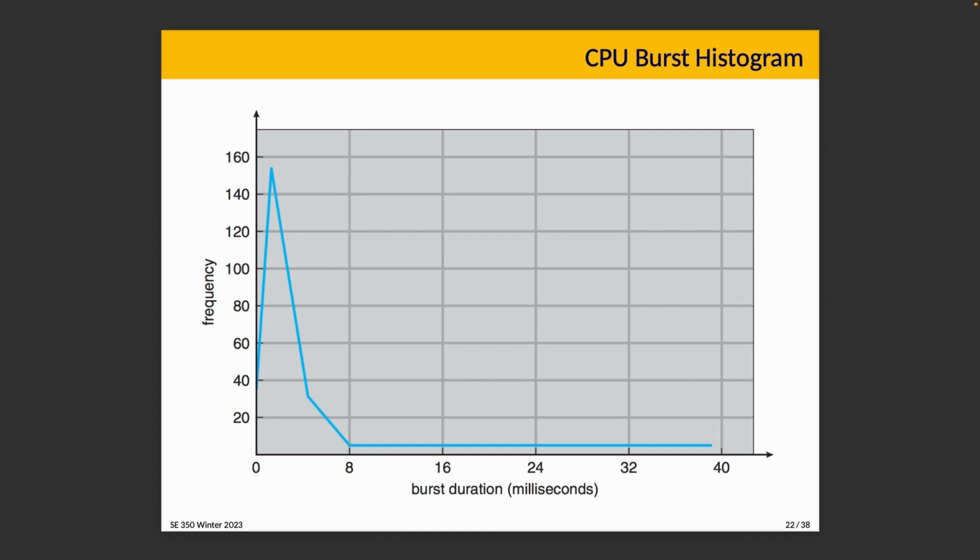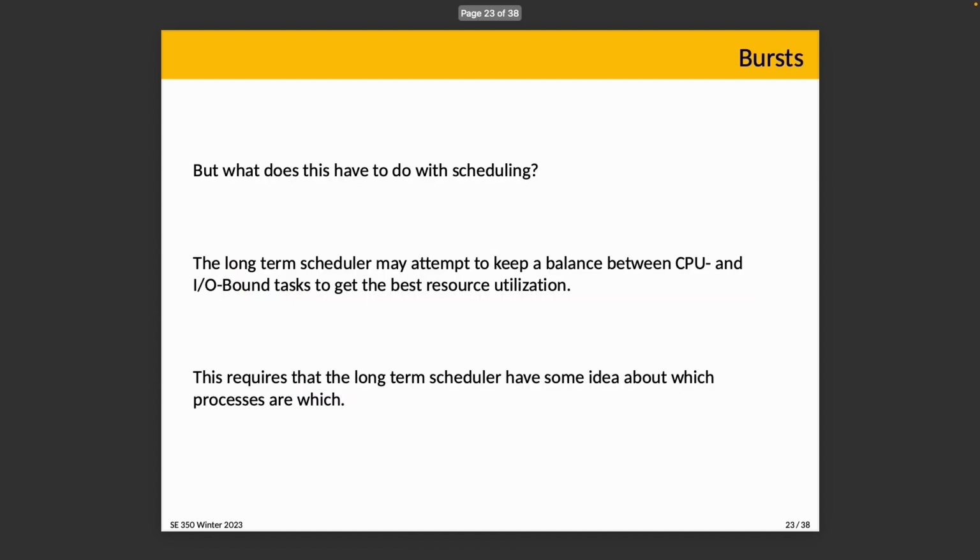So what does this have to do with scheduling? Why do we care about CPU burst and I/O burst? In some systems, an I/O and CPU balance would help us to make the best use of the resources, right? If the long-term scheduler is trying to keep an eye on how much the CPU is being used versus how much the I/O devices are being used, it could potentially make some decisions that help with making best use of both of these resources, right?